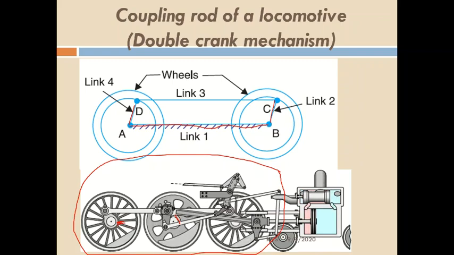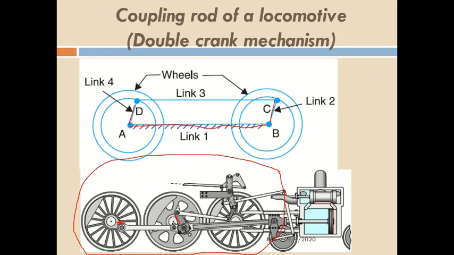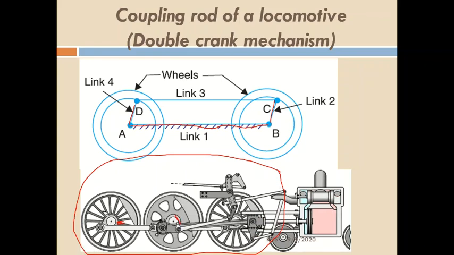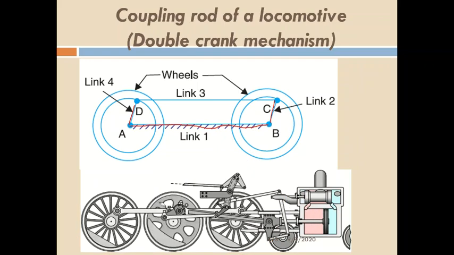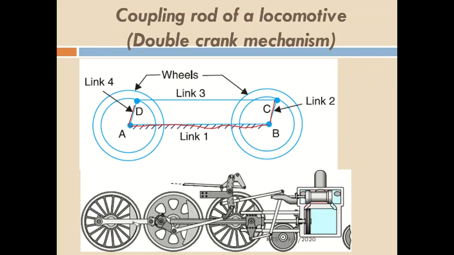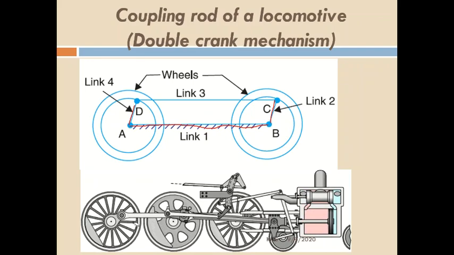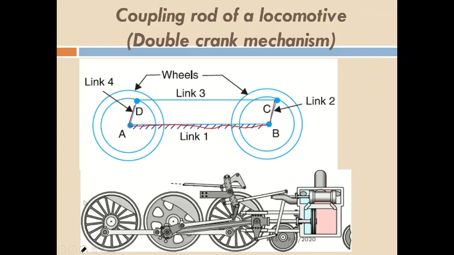Okay? The 2 cranks are rotating. So AD is one crank, BC is another crank, and CD will be the connecting rod. Since it has two cranks, it is called a double crank mechanism.